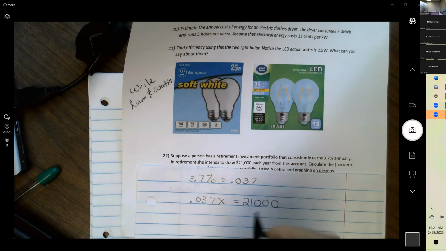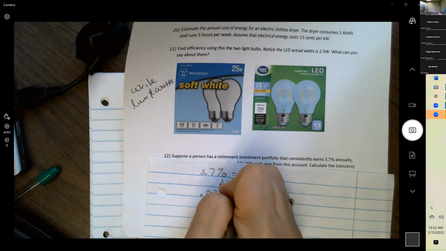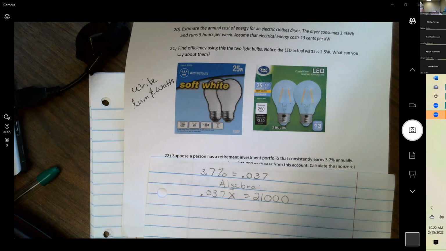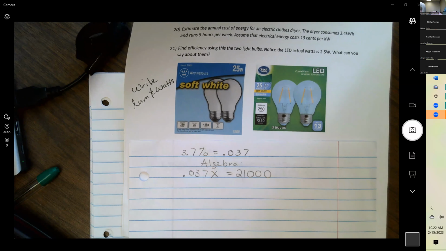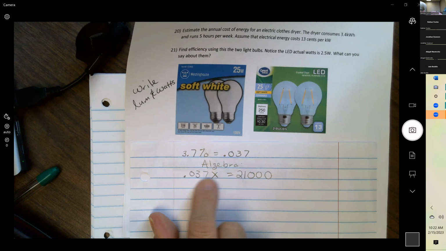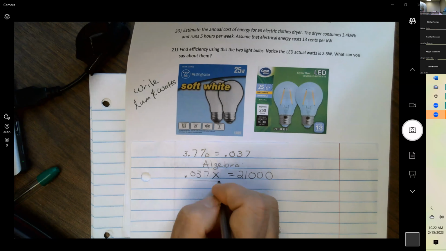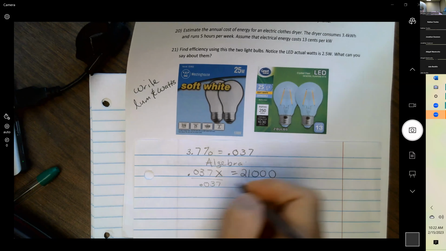So to do it algebraically, you would use this equation. To solve for x, since this is multiplied, we would divide.